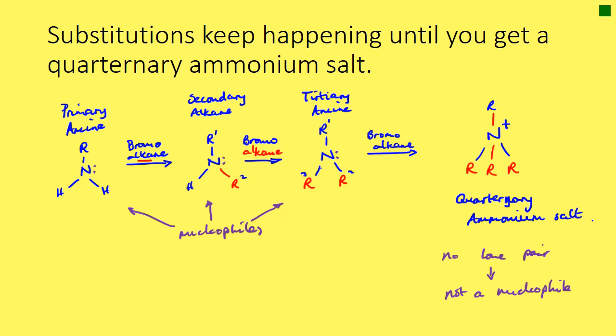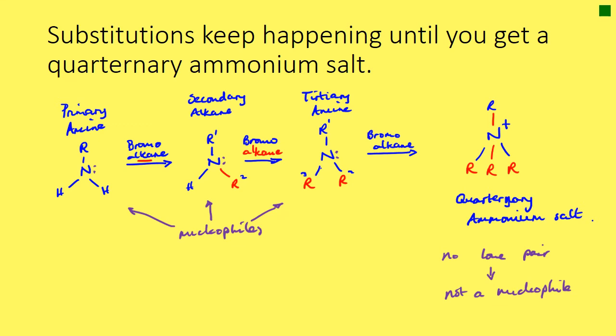But I hear you asking yourself there, why doesn't it go further? Why can't we get a further substitution? Well, this is the answer. This is a nucleophile because we've got a lone pair. Okay, this is a nucleophile because we've got a lone pair here. This is a nucleophile as well. So primary, secondary and tertiary amines are all nucleophiles still because they still have their lone pair on their nitrogens.